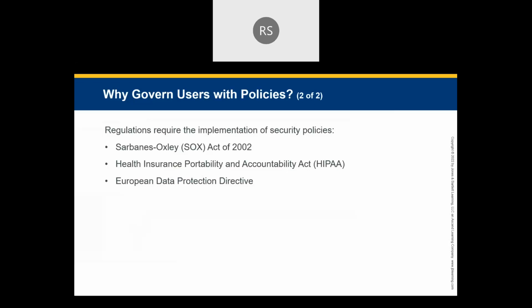It requires covered entities such as healthcare providers and health insurers to implement policies and safeguards to secure personal health information and ensure its confidentiality, integrity, and availability. User domain policies are vital for governing users' access to the PHI. It implements role-based access controls and maintains audit trails to comply with HIPAA regulations.